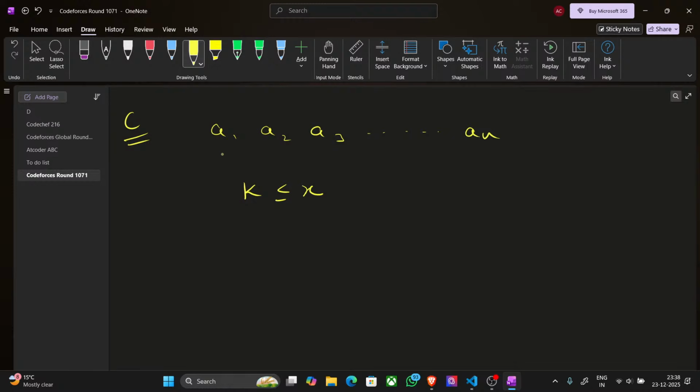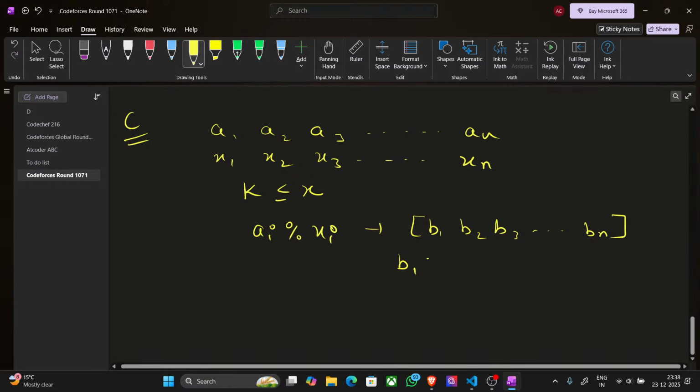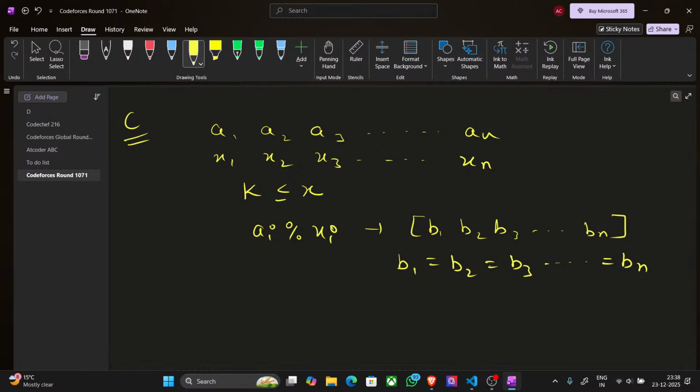For a1 you choose x1, for a2 you choose x2, a3 you choose x3, and for an you choose xn. And after doing ai mod xi, the array elements become equal. So let's say the array becomes b1, b2, b3 up to bn, and all these elements must be equal. So this is what the problem is saying. We need to calculate the maximum value of k to make this possible.